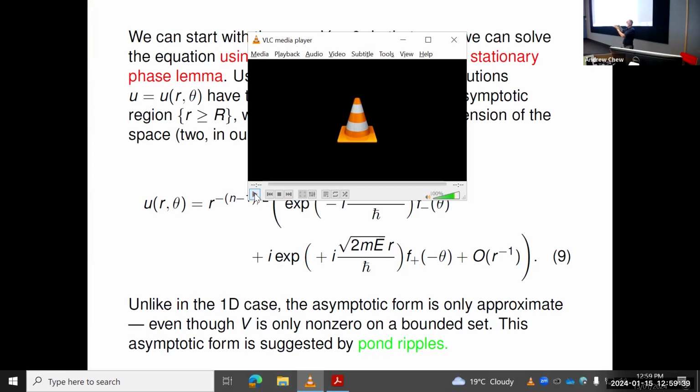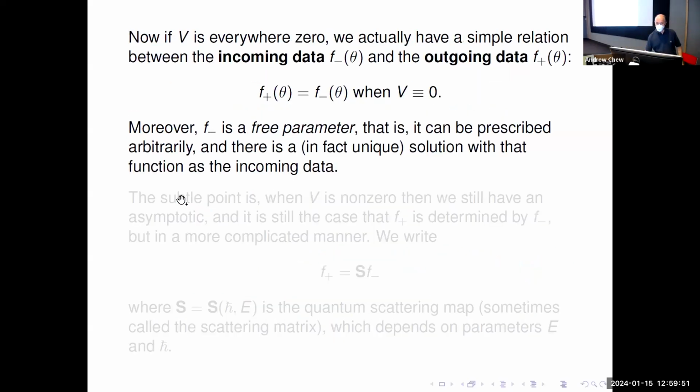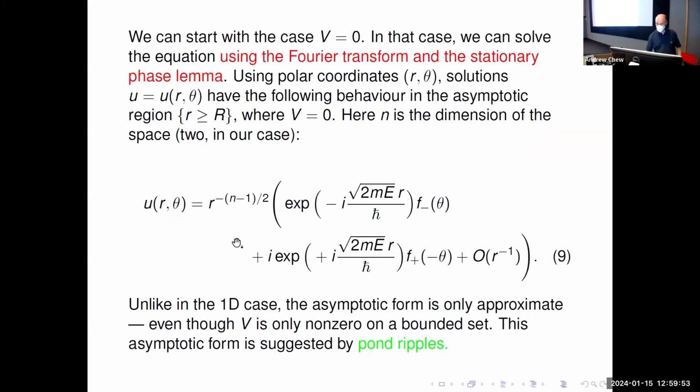So the amplitude, the height of the wave, will be bigger in some directions, bigger in the direction of the semi-minor axis than the semi-major axis, actually. So just by looking at pond ripples and thinking about what we're seeing, we can almost guess the asymptotic form here.